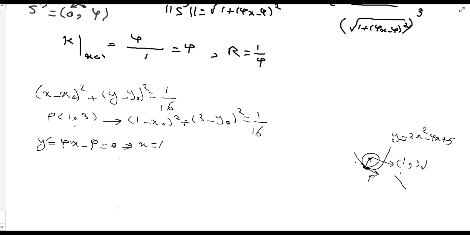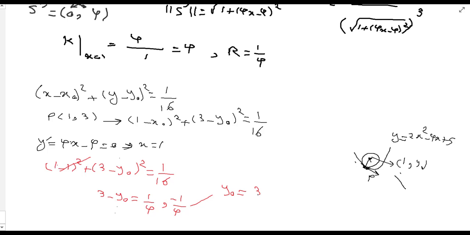Let me put here (1 minus 1) to the power 2 plus (3 minus y0) squared is equal to 1 over 16. So 3 minus y0 is equal to 1 over 4 or minus 1 over 4. So I will get two answers: y0 is equal to 3 minus 1 over 4, and another answer 3 plus 1 over 4. The first one will be equal to 11 over 4, and the second is equal to 13 over 4.